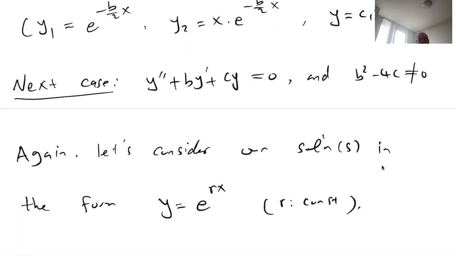In the previous case where we considered e to power rx, it gave us one solution, and then we had to find the second solution according to the algorithm that we derived before. We found one solution in the previous case because the corresponding algebraic equation, the quadratic equation, had discriminant 0, and it had one root.